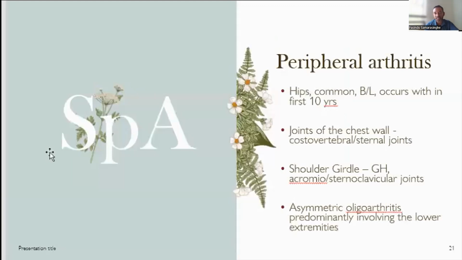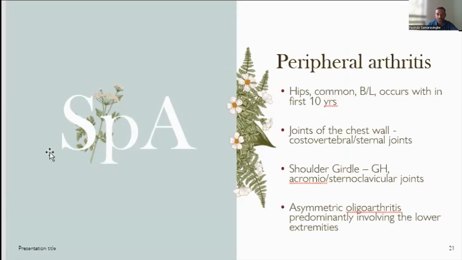So peripheral arthritis also can happen. In some conditions, this is the most predominant manifestation. So I told you before, there are groups. In the other groups, psoriatic arthritis and reactive arthritis, you have a more predominant peripheral arthritis. The hips are commonly involved, usually bilateral, and occurs within the first 10 years of the disease.